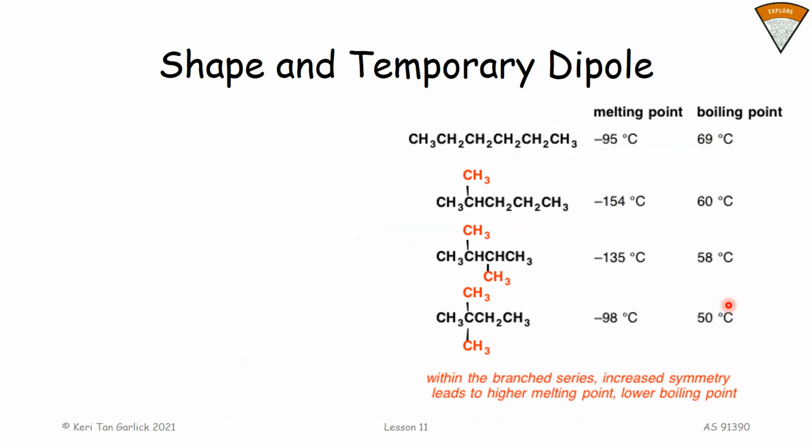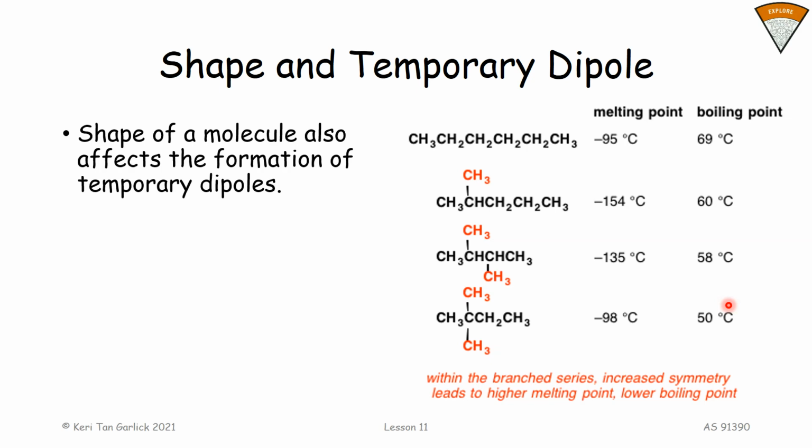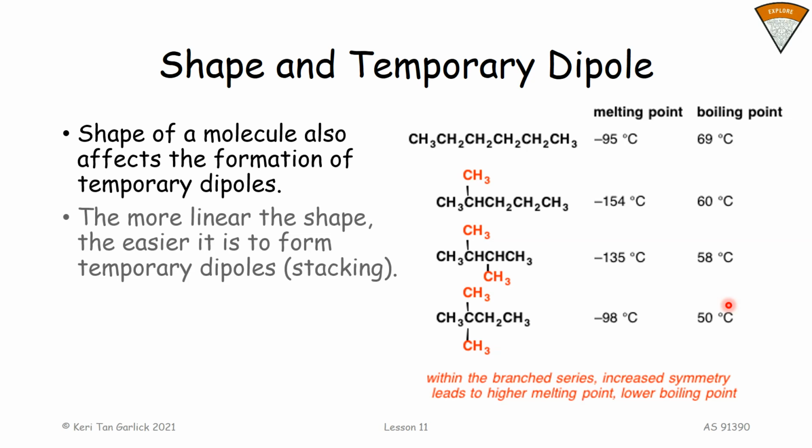The other thing that will factor into temporary dipoles and the strengths of them, or how many there are, has to do with the shape of the molecule. So shape of the molecule is really important with that influence. The reason is because of the stacking properties it has. Basically, how easy is it to stack layers of these molecules on top of each other?